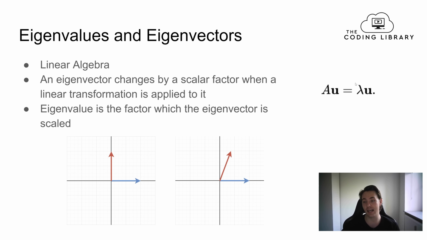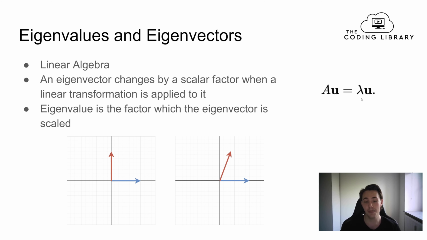So this is the gamma value over here, which is the eigenvalue, and this u here is our eigenvector. Applying the linear transformation to our eigenvector is the same as scaling it by the eigenvalue.